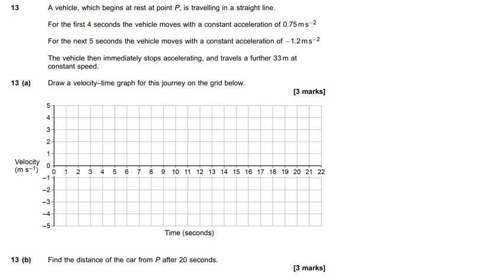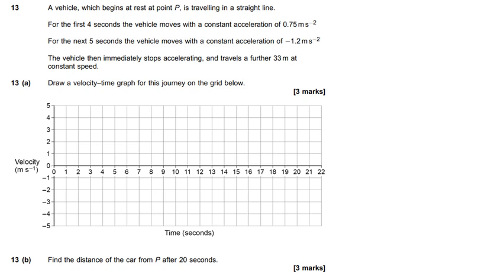Okay, so we've got another part, a vehicle, beginning at point P, traveling in a straight line. For the first 4 seconds, the vehicle moves with a constant acceleration of 0.75 meters per second squared. Okay, so let's try and draw this.